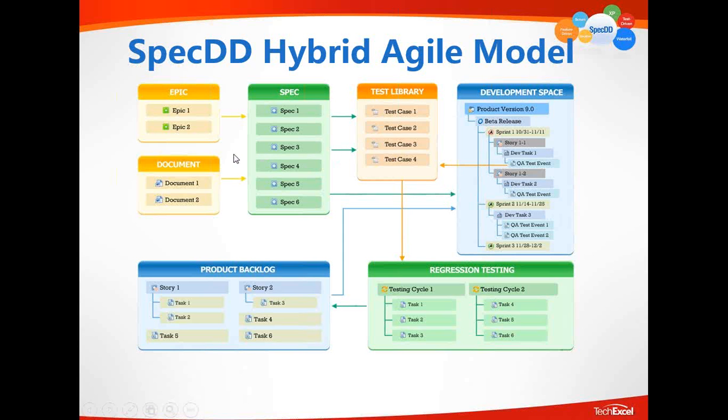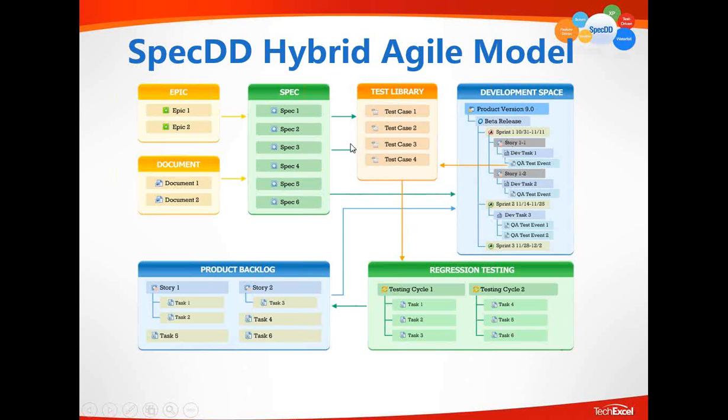So for now, I'd like to emphasize that in SpecDD, an epic represents a big idea. They are often broken down into specs. Ignore the document for now. Specs represent the smaller, user-friendly, development-friendly breakdown of requirements that can be assigned to a development sprint.